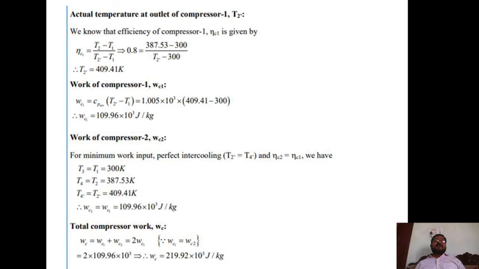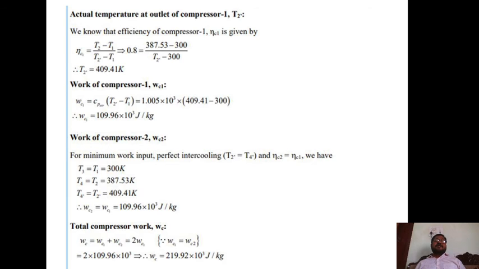Work of the compressor of the first stage, work done WC1, compressor 1, the suffix C1 is nothing but the work absorbed by the compressor of the first stage. It is a Cp value, constant pressure. The compression takes place at constant pressure. Okay, so we have to consider the air which is absorbed by the compressor, that is having specific heat Cp. Cp value is 1.005 kilojoules per kg Kelvin.